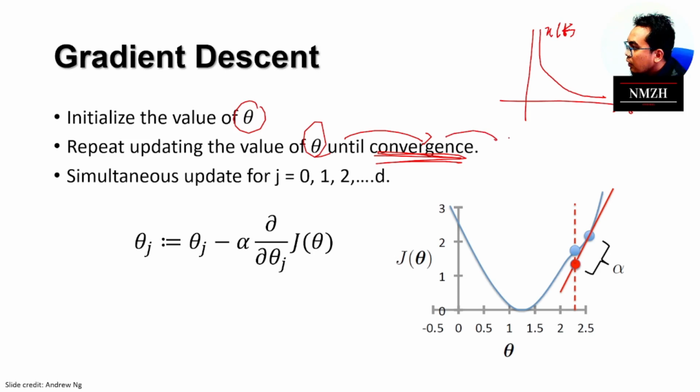In Malay, they will call it memusat. The opposite of convergence is divergence. Divergence, in Malay, we call it mencapah. So simultaneously update.